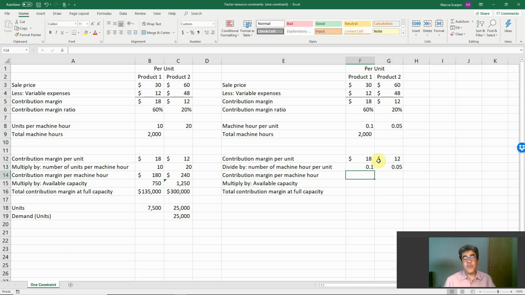However, now that we are talking about machine hours per unit, our contribution margin per machine hour will be 18 divided by 0.1. So 180, 240, and then here we have the same formulas and so on, as we have here. Okay, and then if we have demand, we do exactly the same.